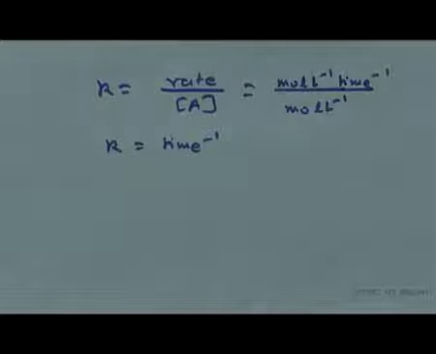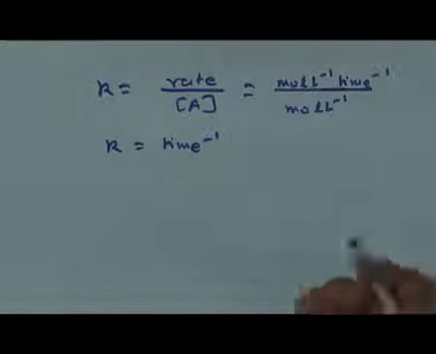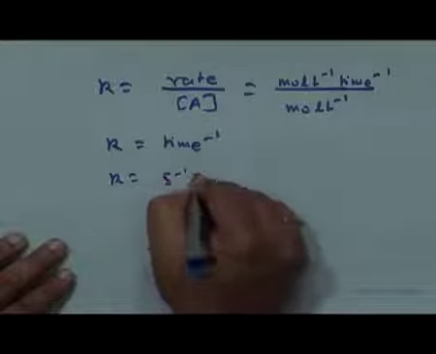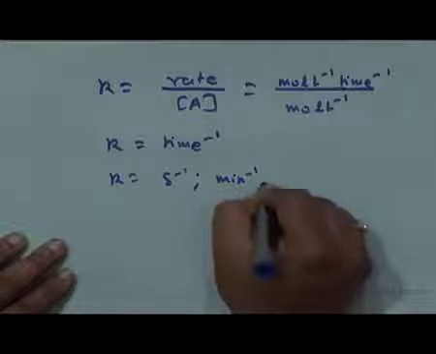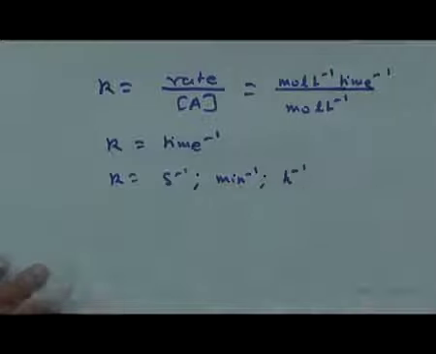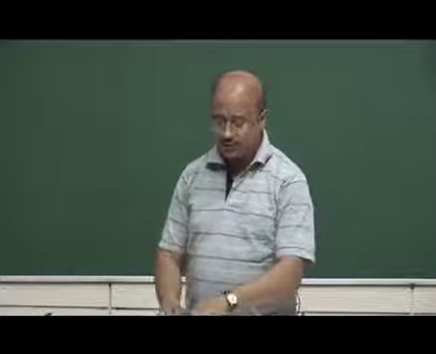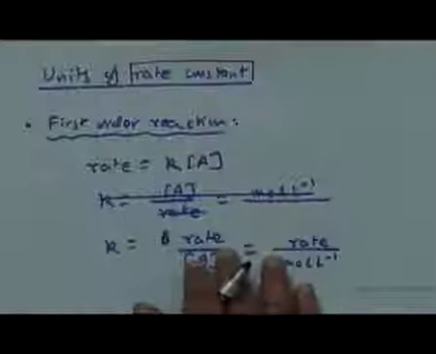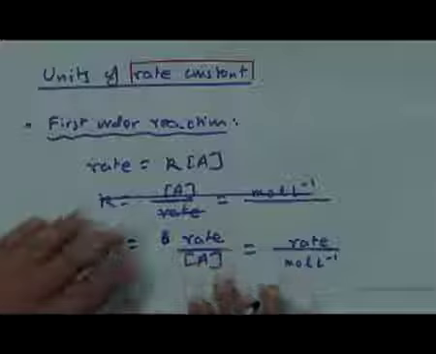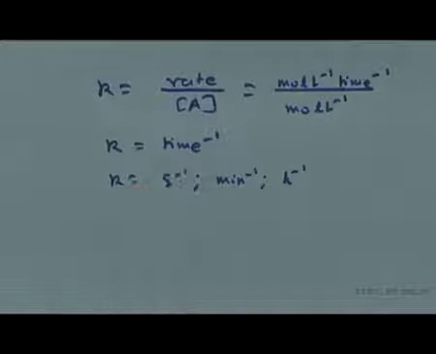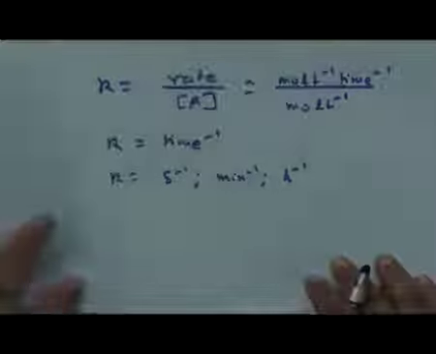So, the unit of k is time inverse. So, it can be second inverse, minute inverse, hour inverse, H standing for hour, and so on. Hence for a first order reaction of the type rate is equal to k times A, the unit is the inverse of time.